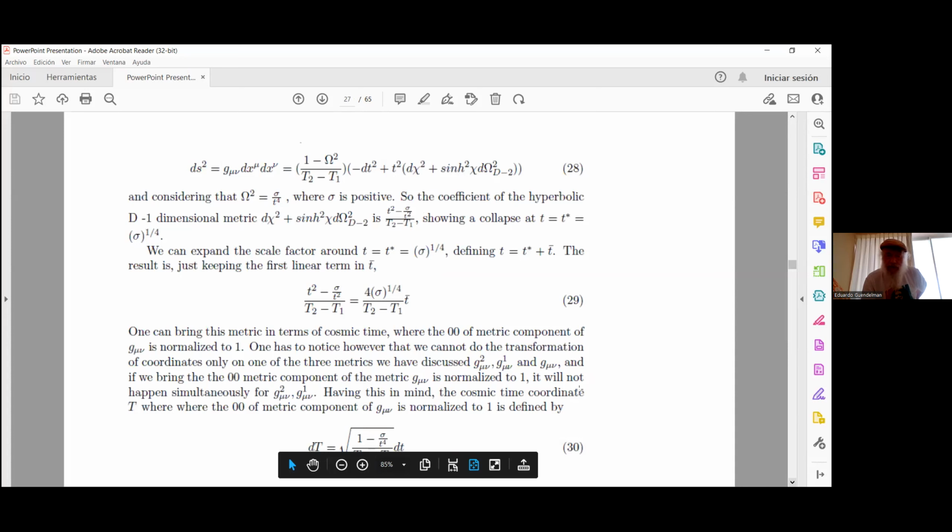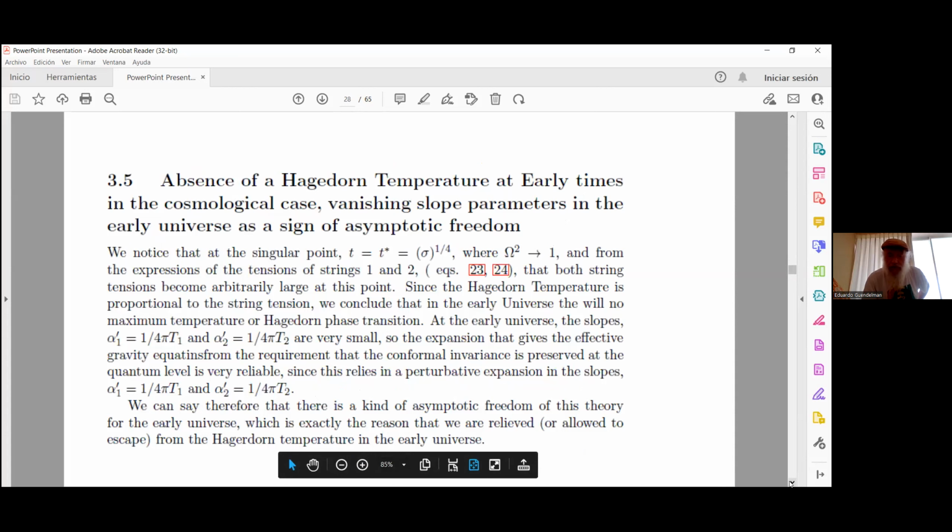And you can find points in space where the tensions go to infinity. At the points where the tension goes to infinity, that gives you the idea that the Hagedorn temperature is infinite. That means that there is no Hagedorn temperature, no limit in temperature. Okay, that's one idea.